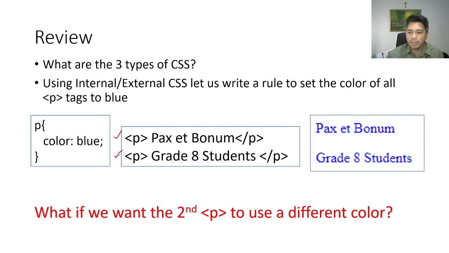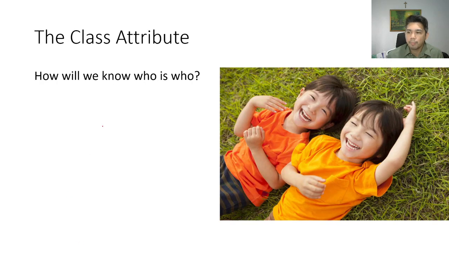So let me put it this way. Us as human beings, how will we know if we see two identical twins? How will we tell them apart? If they are very, very, very identical, how will we know who they are? And immediately you may think they have names, right?